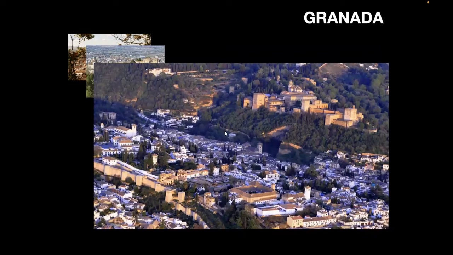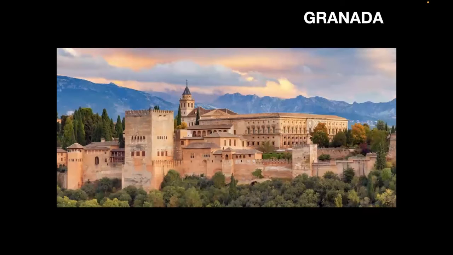We see here the old town at the foot of the hill, the historic city walls here, and on top, what we see is maybe the highlight of our trip, that is Alhambra, the Palace of Alhambra.